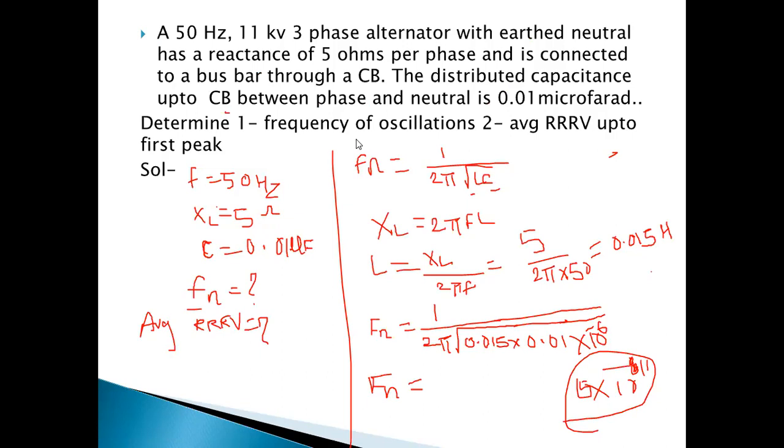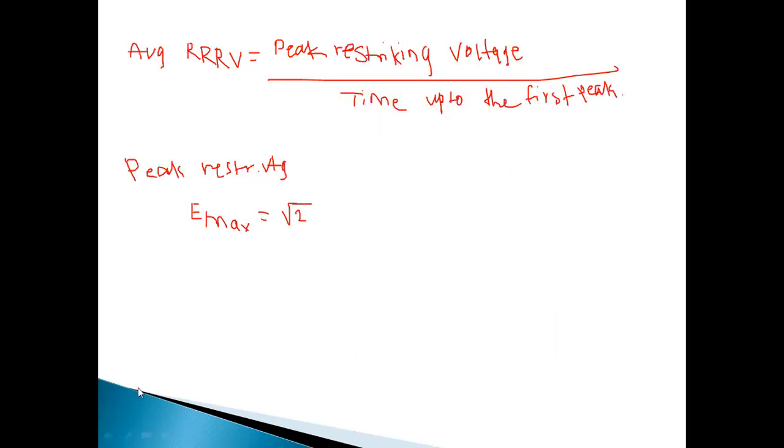Phase to neutral means the line voltage VL is equal to V phase divided by root 3, so that is 11 kV divided by root 3. So this will give you Emax.